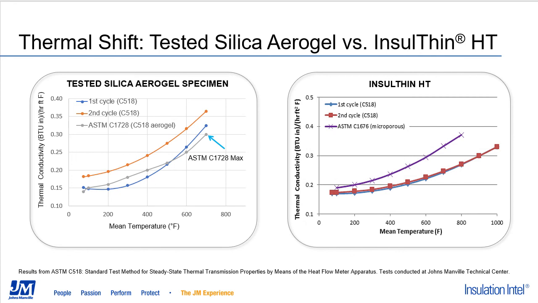These charts do a comparison of silica aerogel material as compared to Insulin and compared to each product's ASTM standard for thermal conductivity values. The chart on the left is for silica aerogel. You can see the line, the kind of gray in color, for the maximum thermal conductivity per the ASTM C1728 standard.